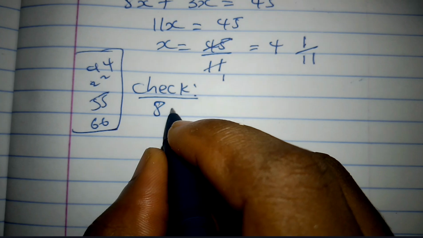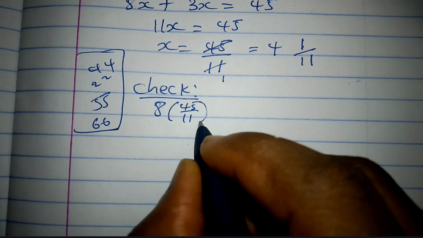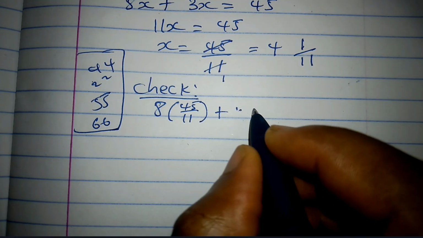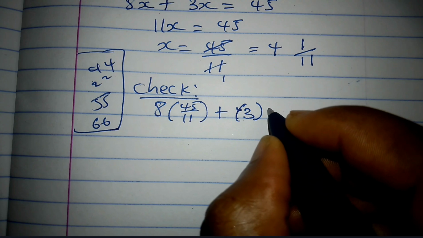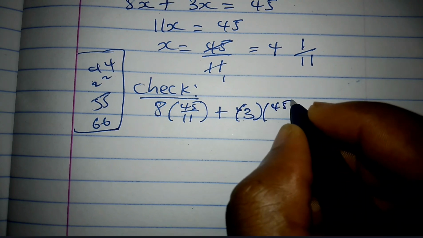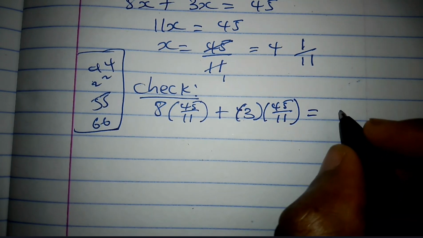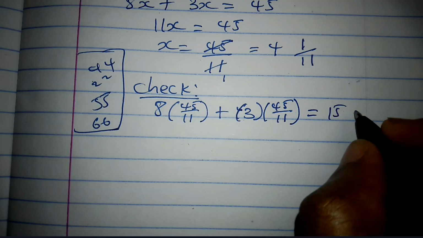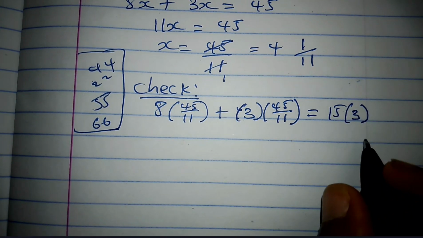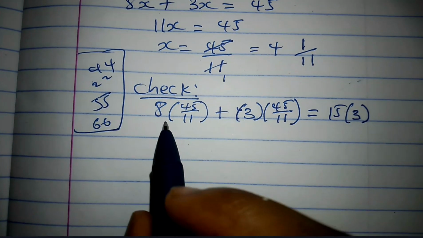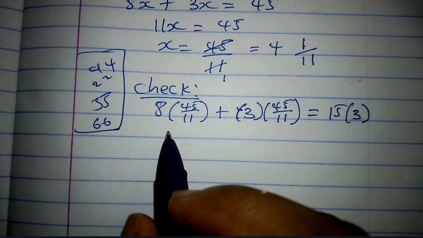So our value for x is 45 over 11, or 4 and 1 over 11, plus y, that's 3, times x, that's 45 all over 11, is equals to 15 times y, that's 15 bracket y, that's 3. So 8 times 45 all over 11 is going to give us what?